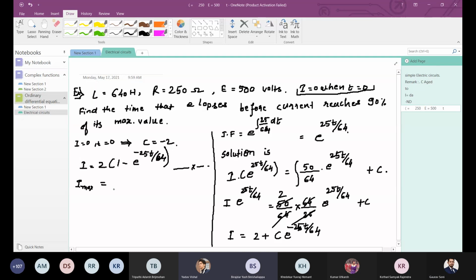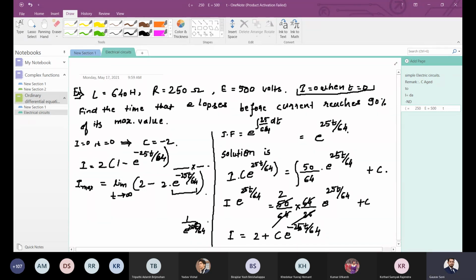So when t tends to infinity, limit t tends to infinity of 2 minus 2 into e to the power minus 25 t by 64. If t tends to infinity, what will this be? E to the power minus 25 t by 64 is nothing but 1 upon e to the power 25 t by 64.